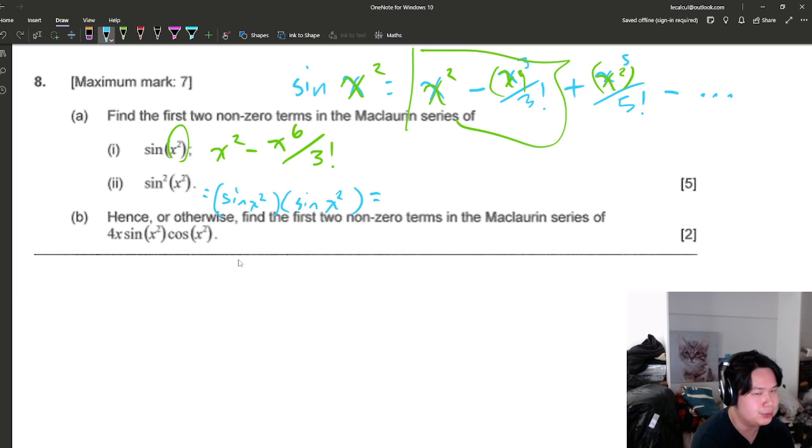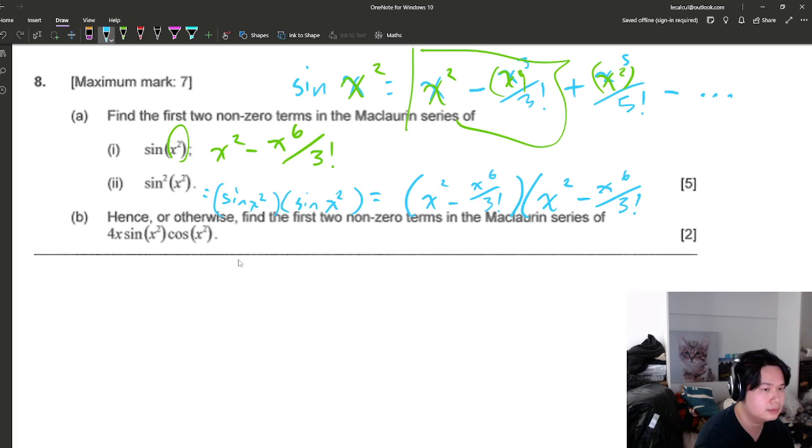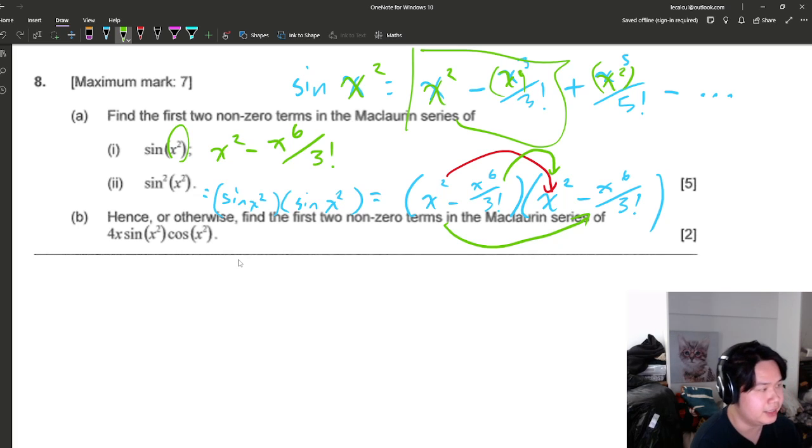Okay, and then we already know the Maclaurin series from part I for each one, and we just expand it out. Now, we only want the first two terms, and there will be 3 terms when we expand it out. So you don't have to do all of it. You will do the first 2 multiplied together, and then the inner and outer products. We don't need to do the last 2 if you want to save yourself some time.